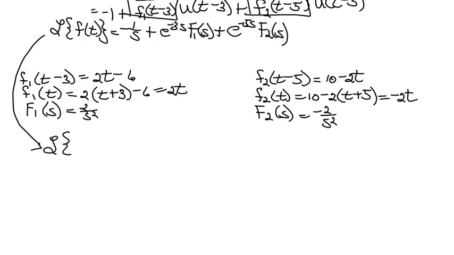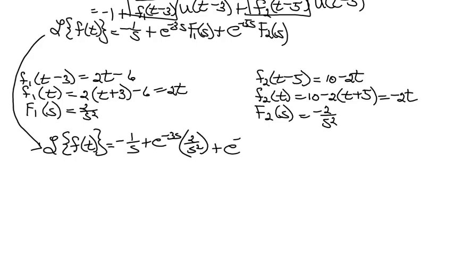So the Laplace of f of t, according to what we've just done, is negative 1 over s that we already had from that first term, plus e to the negative 3s times cap F sub 1 of s, which was 2 over s squared, plus e to the negative 5s times cap F sub 2 of s, which was negative 2 over s squared.